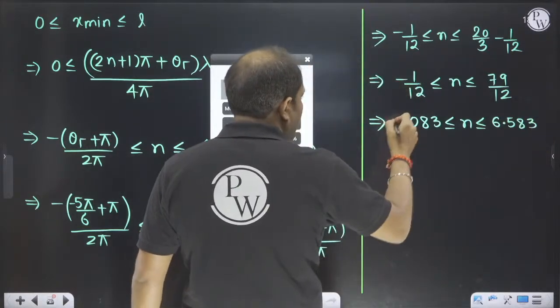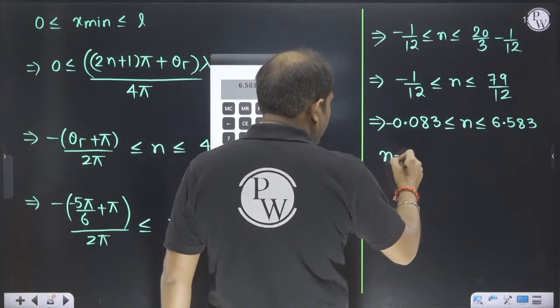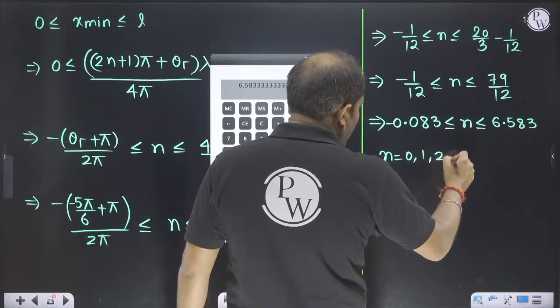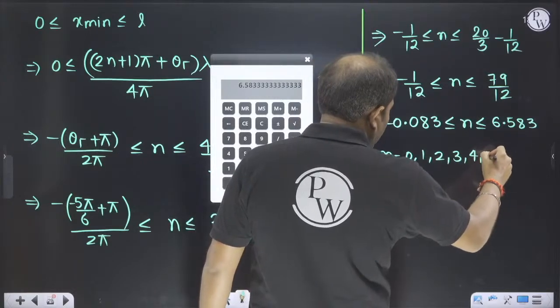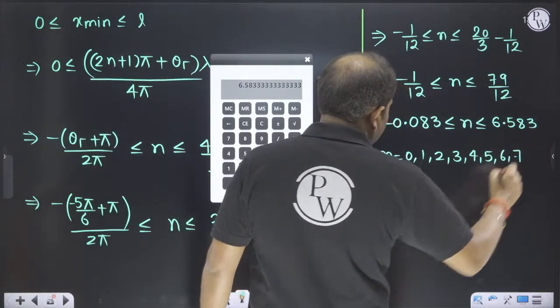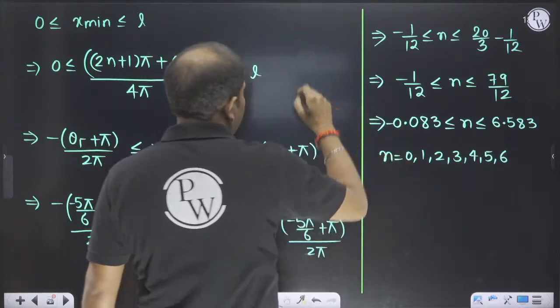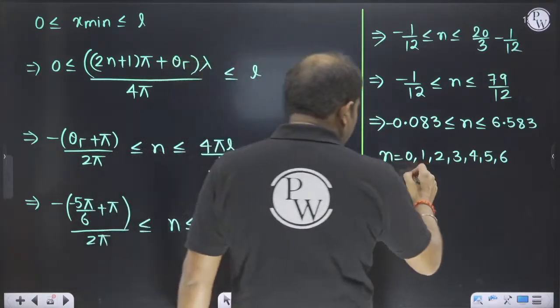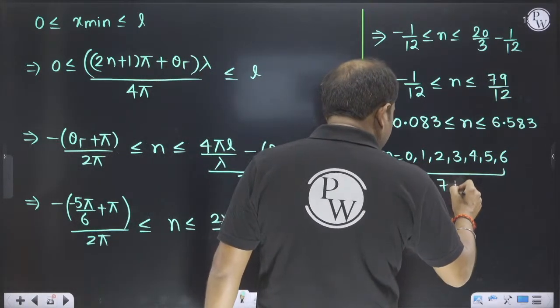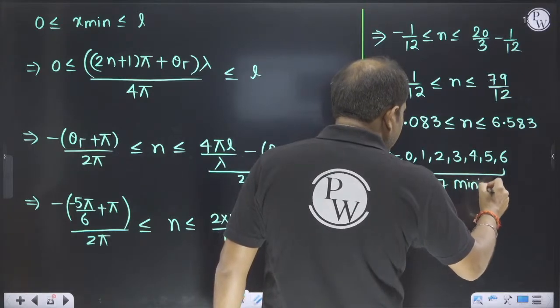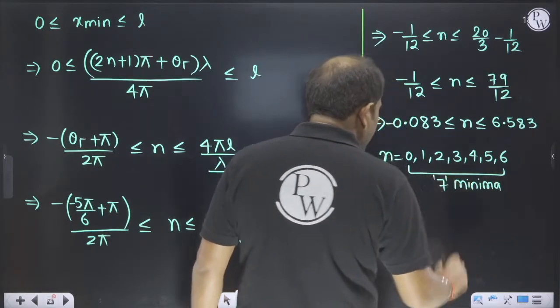So n should be 0, 1, 2, 3, 4, 5, 6, up to 6 only, because 7 is greater than 6.58. So there are 7 minima.